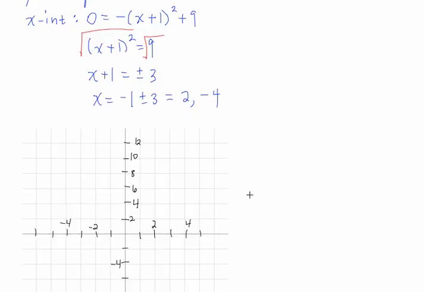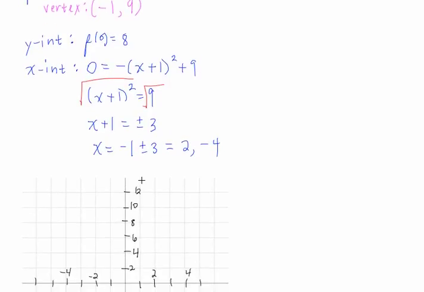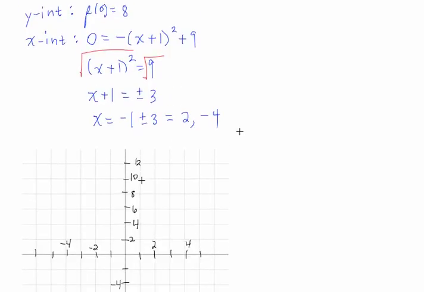Like I said, you don't have to label every single tick mark, just enough to get the pattern. So we have the vertex at -1 comma 9. So it's going to be right about there. The y-intercept is at 8. It's right there. X-intercepts are at 2 and -4. And I know that one is the vertex. So this must be the basic shape here.